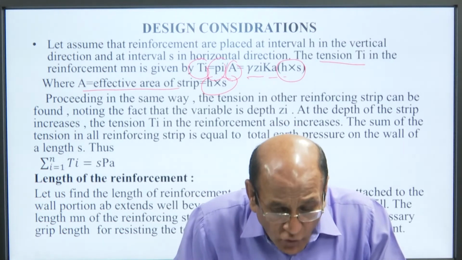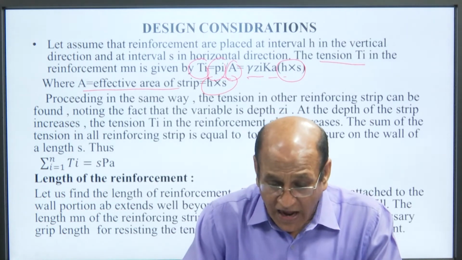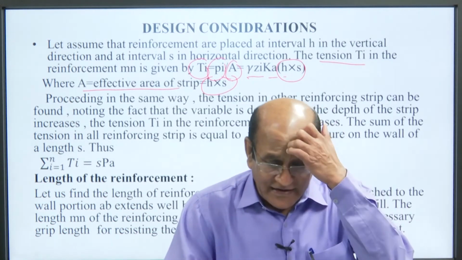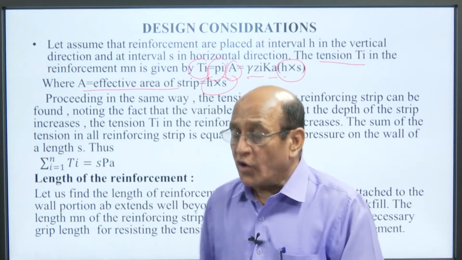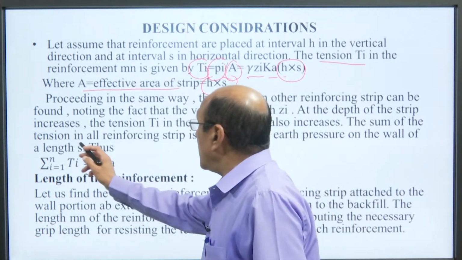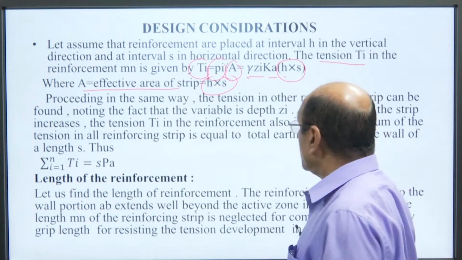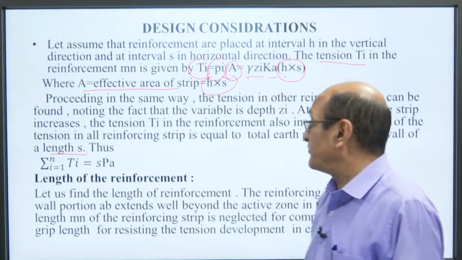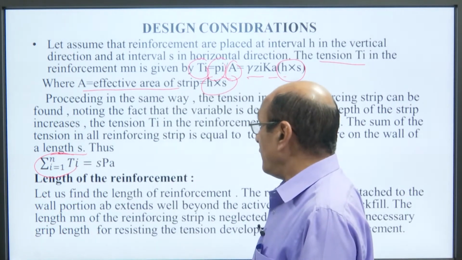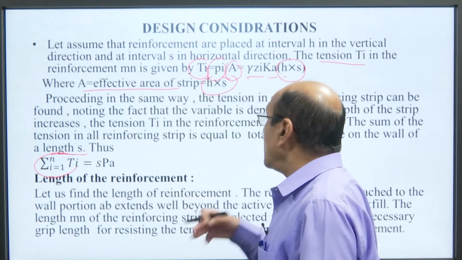Noting the fact that as the depth Z_i of the strip increases, the tension T_i in the reinforcement also increases. The sum of the tension in all reinforcing strips is equal to total earth pressure on the wall of length S. Thus, the total tension is the summation of T_i, where i is equal to 1 to n, and n is the number of strips.